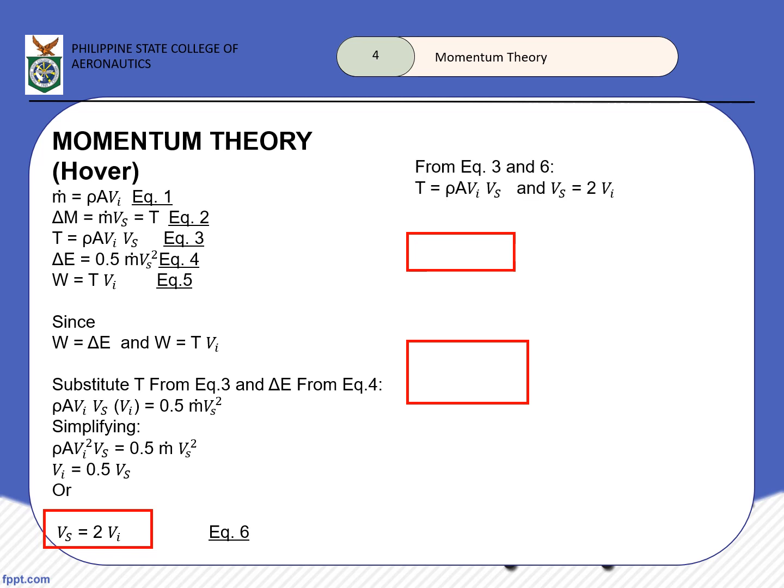From equation 3 and 6, which is this, we would be having T. Then, since T should be equal to our weight, we can say na Vi is equal to the square root of T, which is equal to weight, over 2 rho A. So, this is just basic derivation since provided naman na yung mga mother equation na kailangan natin. Okay.